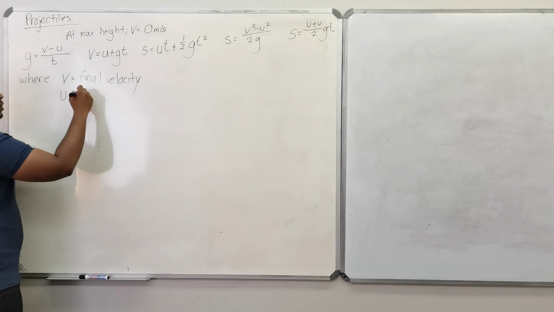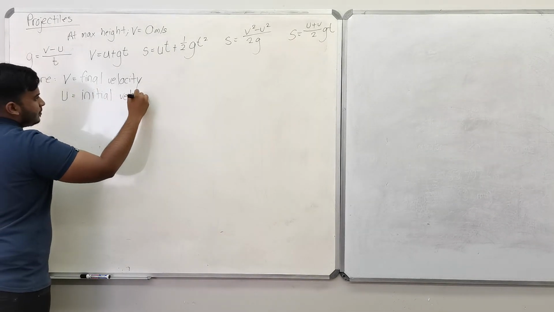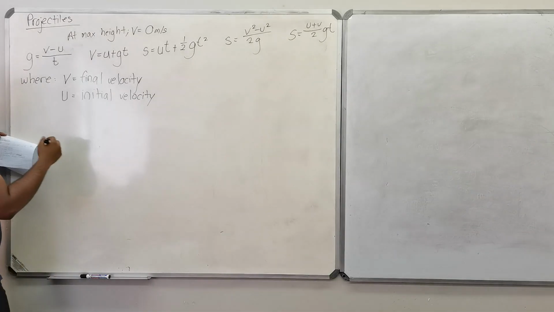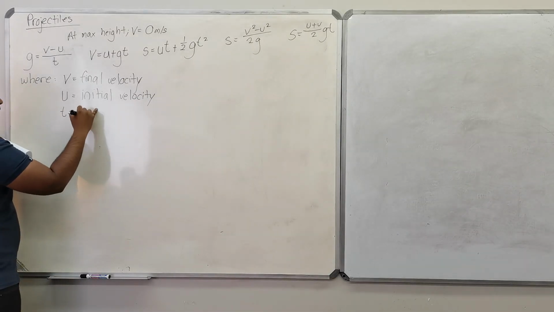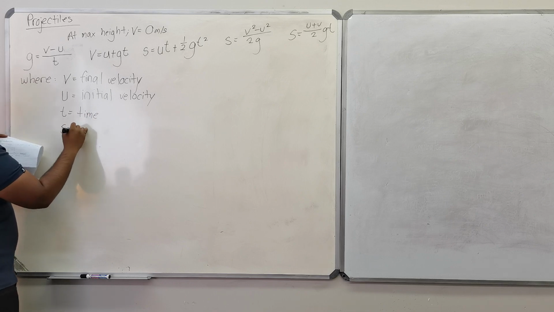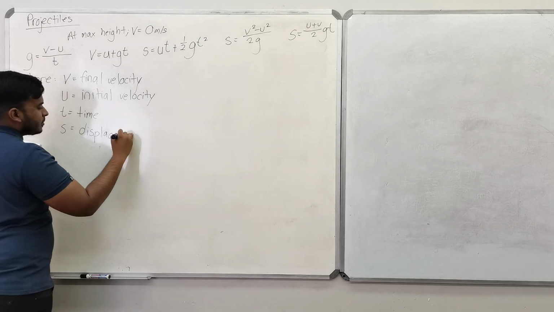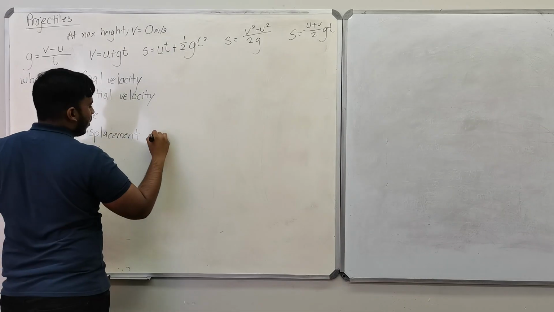U is equal to your initial velocity. T is equal to time. S is equal to displacement or height.